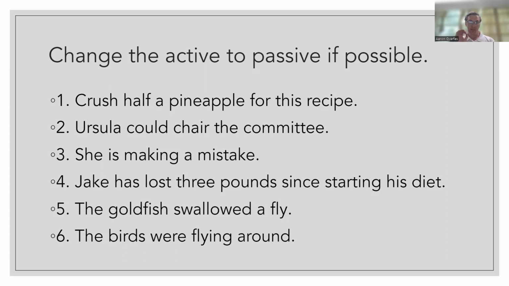Keep the same tense aspect. So if it's in present tense, keep the verb in present tense. If it's past tense, keep the verb in past tense. If there's an ing verb or past participle, you want to keep all of those same tense aspects. Okay? Pause the video now, try it out, and then we'll look over the answers.